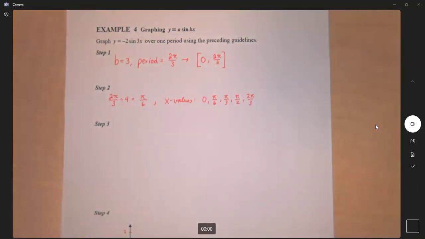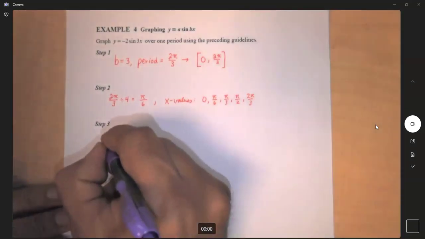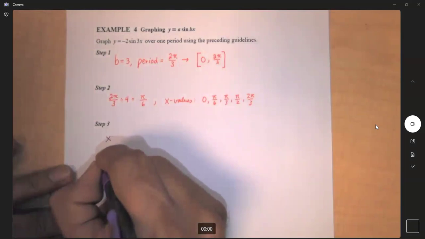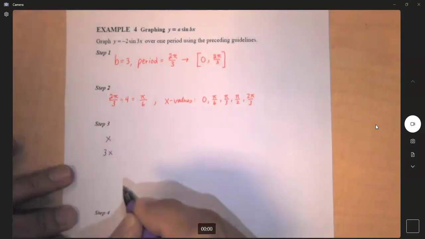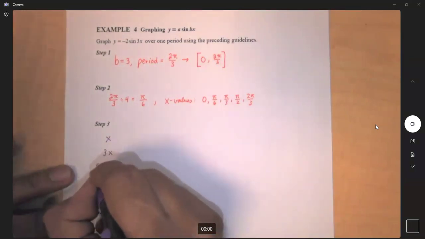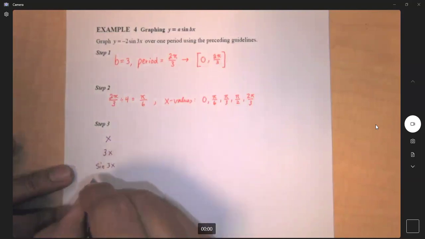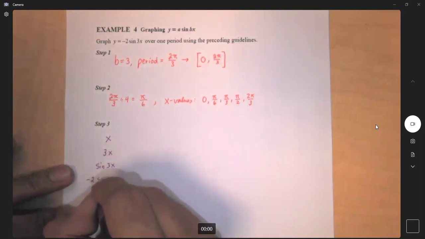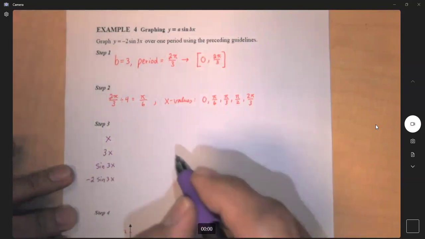Again, there are 5 values, because the 0 kind of doesn't count. And then if you have to, like I made a table at the beginning, you make a table for this: for x, for 3x, for sine of 3x, and then finally for -2 sine of 3x.